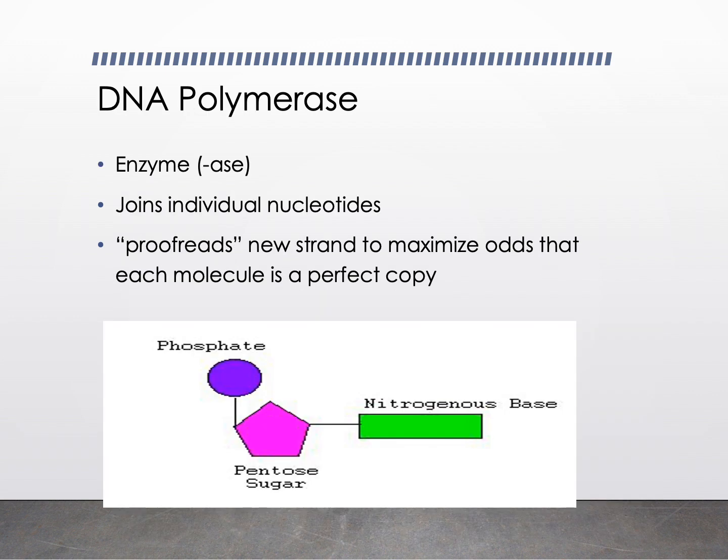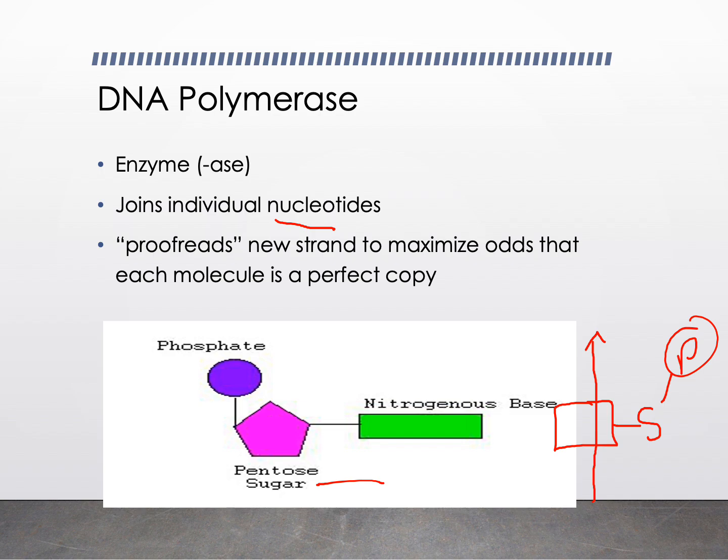This is your DNA polymerase. It's another enzyme. It's going to put a new nucleotide on the other side. We've got your nitrogen base, your sugar, and then your phosphate. It's building that new strand on the DNA.